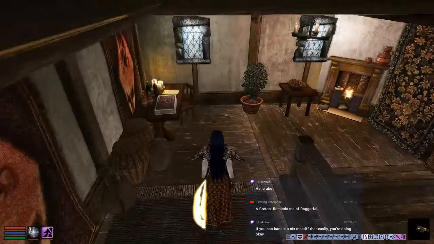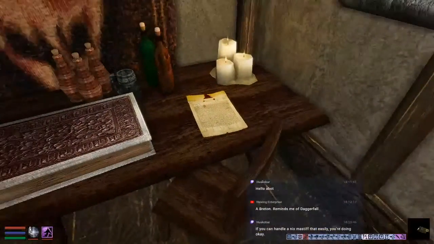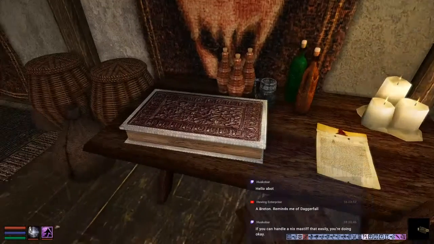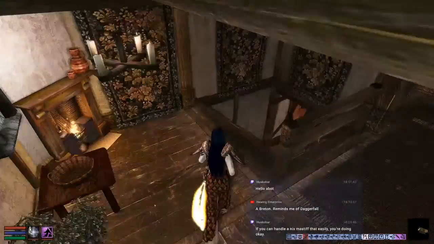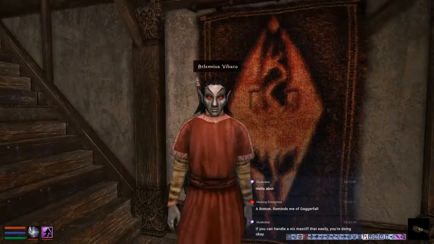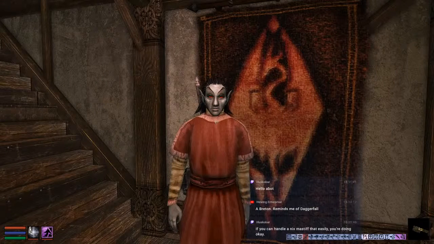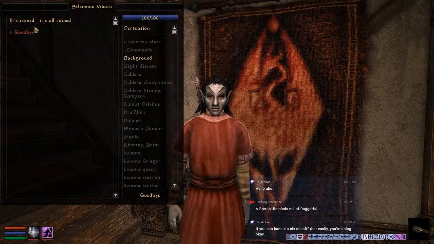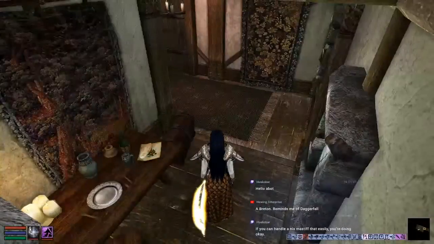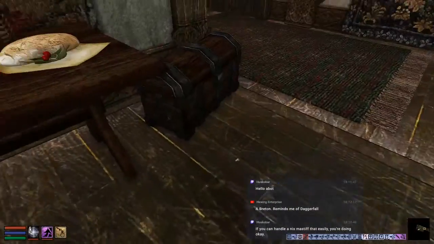So hopefully we will still be able to find this chest, I think. A warm welcome to you. It's ruined, it's all ruined. So this is coming from the Caldera mod.